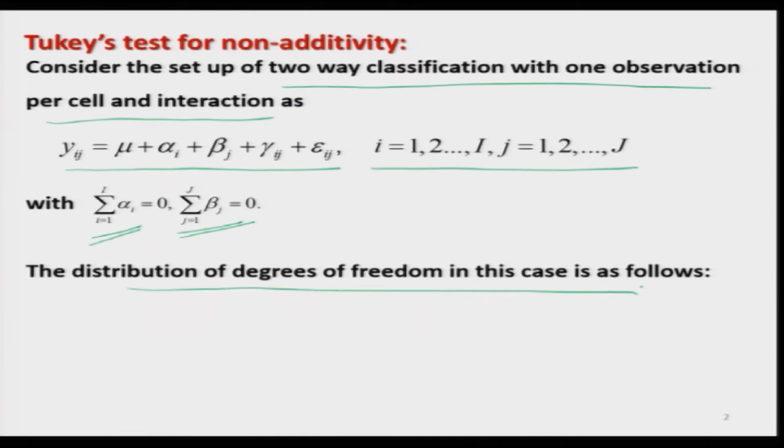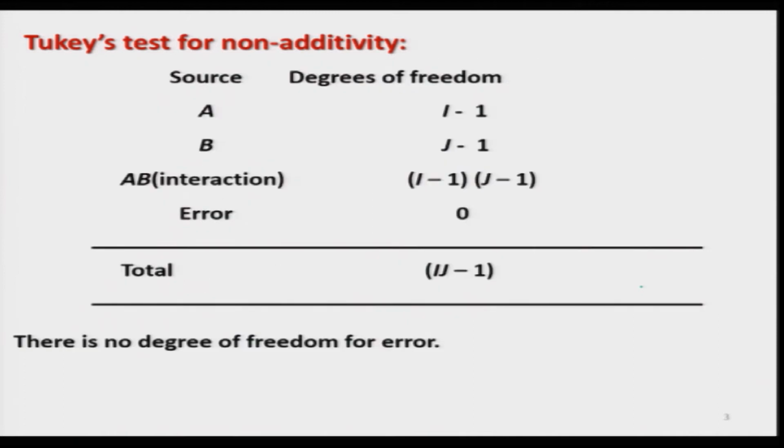You have here two sources, A and B, and the third source is their interaction, say AB. You had found earlier that the degrees of freedom associated with A are I minus 1, with B they are J minus 1, and the total is I J minus 1.